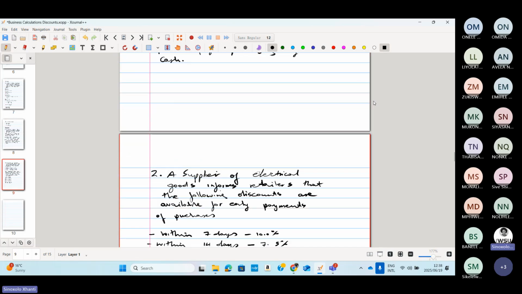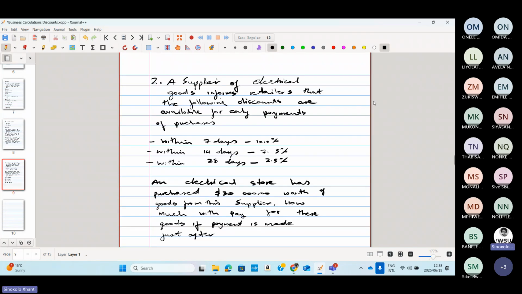The second question was: a supplier of electrical goods informs retailers that the following discounts are available for early payments of purchases. Within 7 days, you are entitled to a 10% discount. If you pay within 14 days, you are entitled to 7.5%.